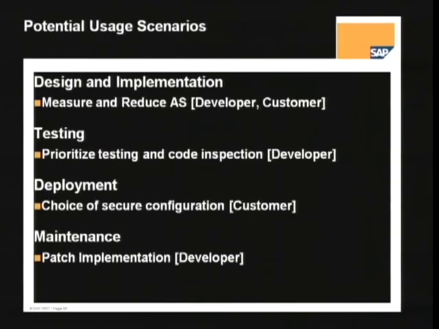Because imagine you have now 3 million lines of code and you want to do code inspection. Usually the software vendors do code inspection in order to catch performance-related and security-related implementation bugs and defects. But they don't have the time to do code inspection on the entire code. That's why they select a portion of the code.